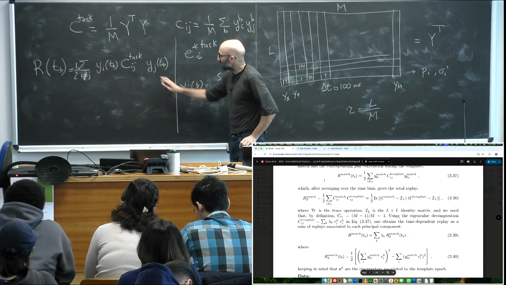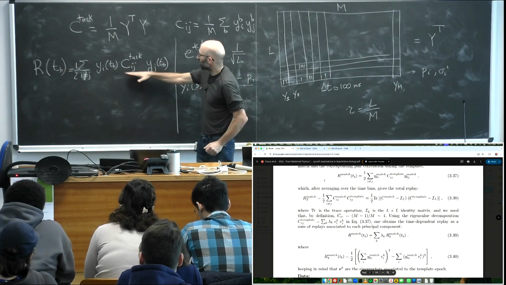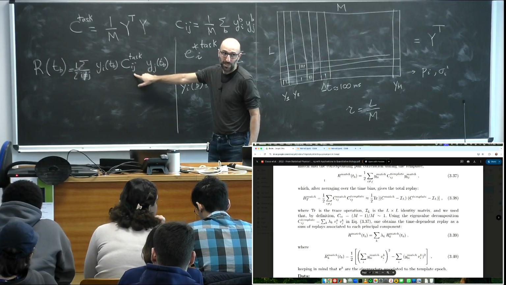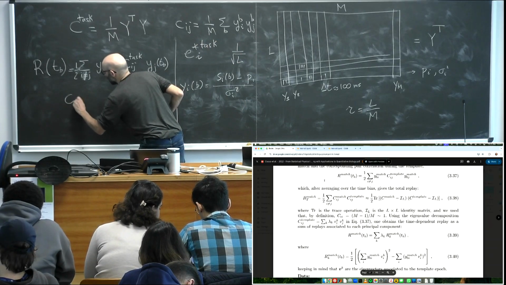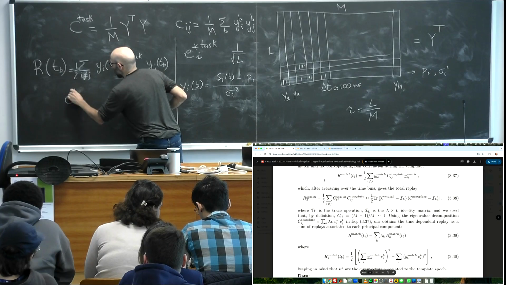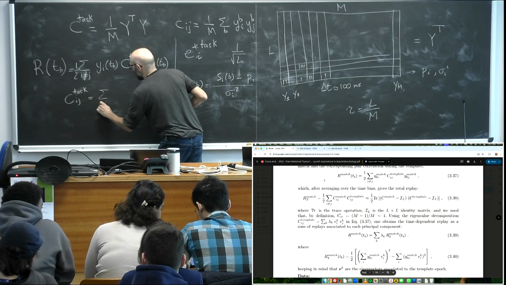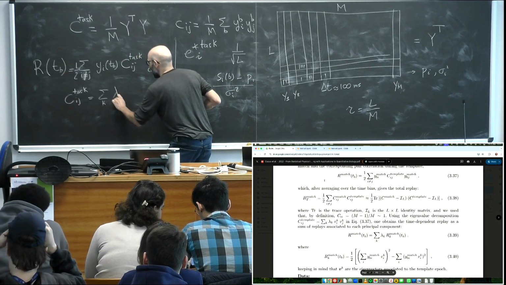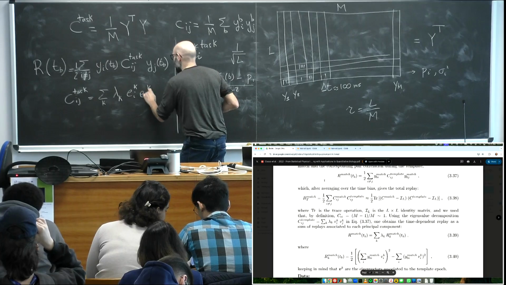Okay, you project this. Now, you can also disentangle the different components of C. So in particular, you can replace Cij of the task by the sum over k of lambda k, eik, ejk.